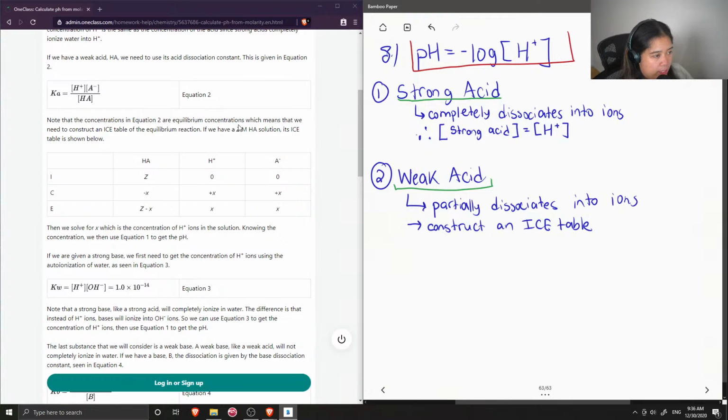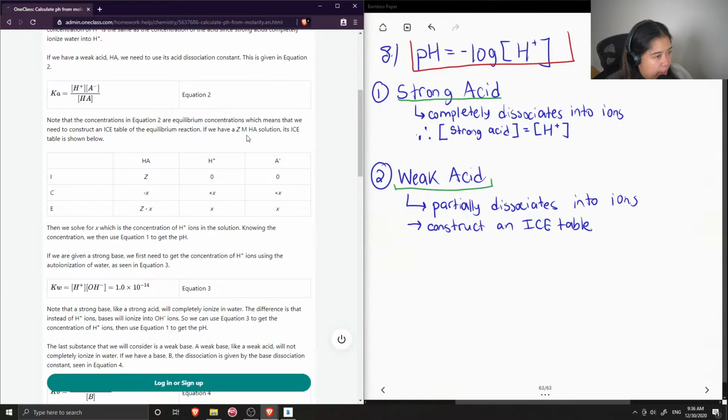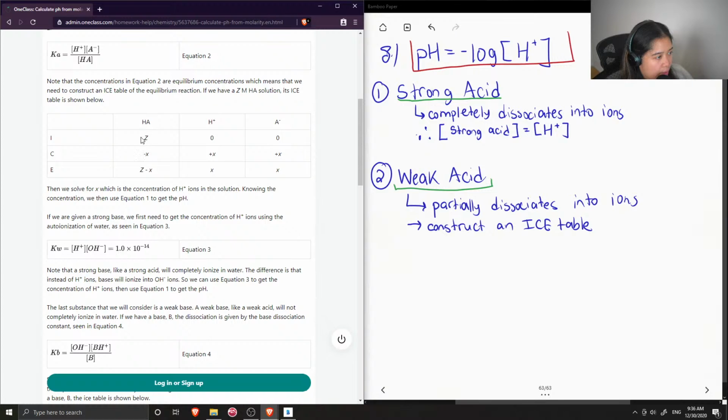If we have Z M, so like a variable concentration of a weak acid solution, its ice table is shown below. So the Z would be our concentration, so like 0.1 moles per liter, or like 2 moles per liter, depending on that.